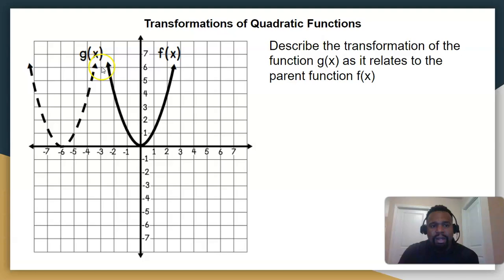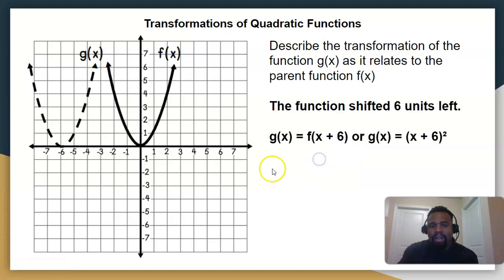Look here. This is my parent function. I am shifting it and moving it 6 units to the left. Since it's moving to the left, it's going to be plus. So x plus 6, that whole expression is going to be in parentheses.